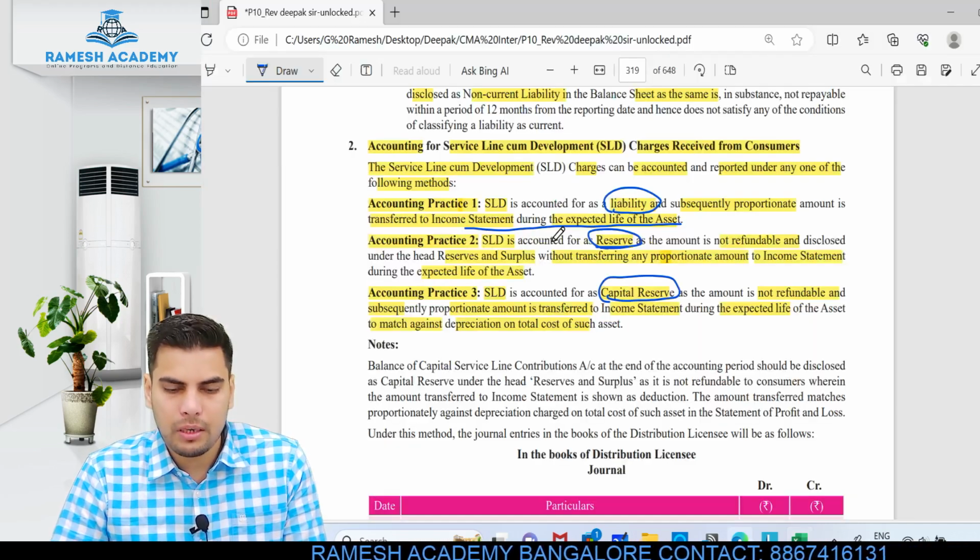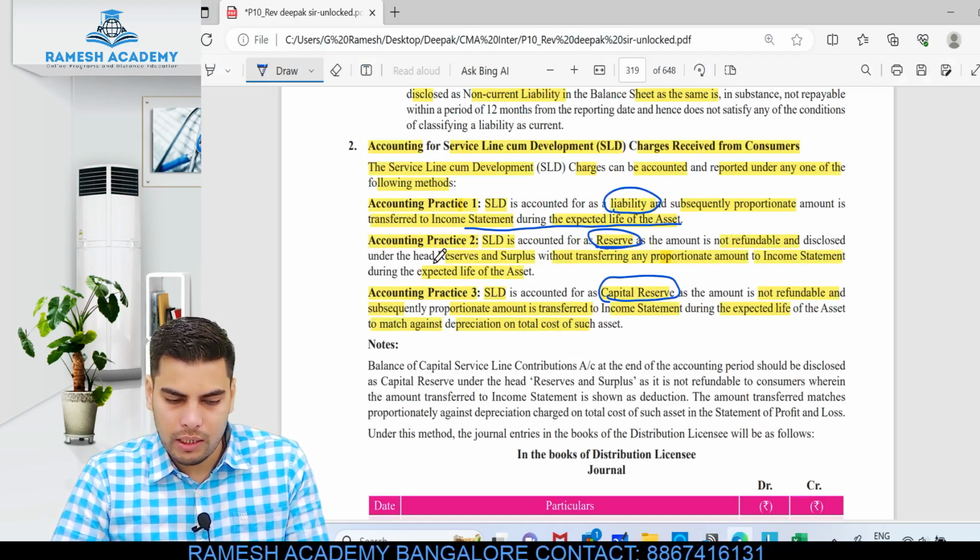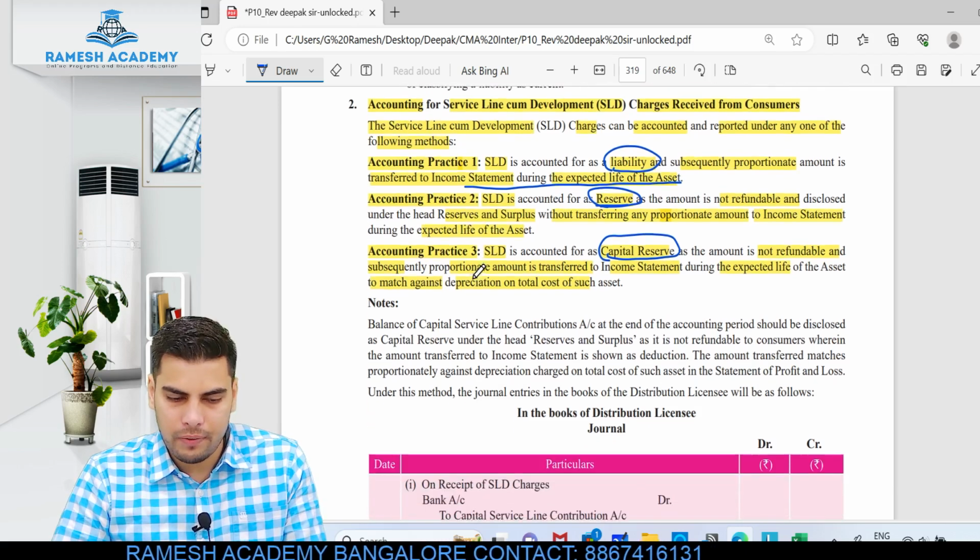So in the income statement, no amount will be transferred, no proportionate amount during the expected life of the asset.